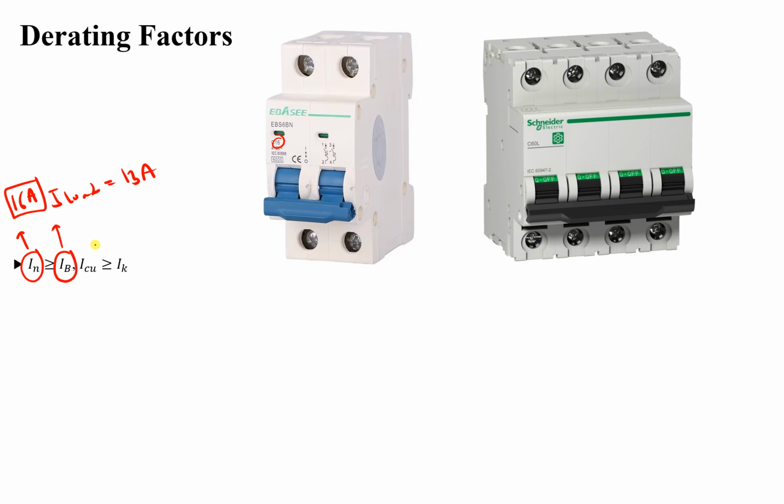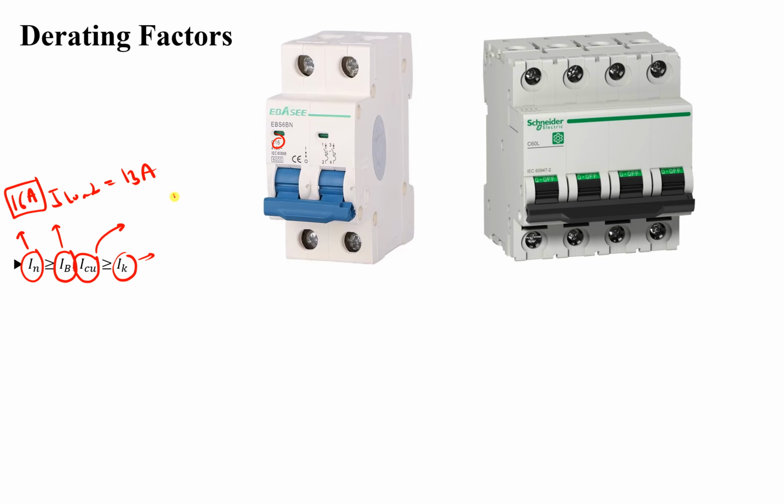Number two, the IK represents the maximum possible short circuit that can occur in our location, and our circuit breaker's ultimate breaking capacity must be greater than or equal to the short circuit level.